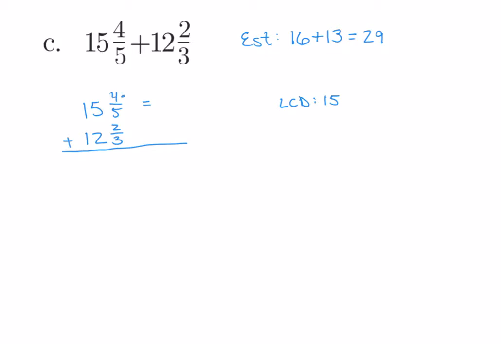So the first fraction, to get from 5 to 15, I want to multiply by 3. I'm going to bring over my whole number, and I'm going to rewrite my fraction as 12/15. All right, the second fraction, if we go ahead and rewrite with a denominator of 15, I want to multiply by 5. So we get 12 and 10/15.